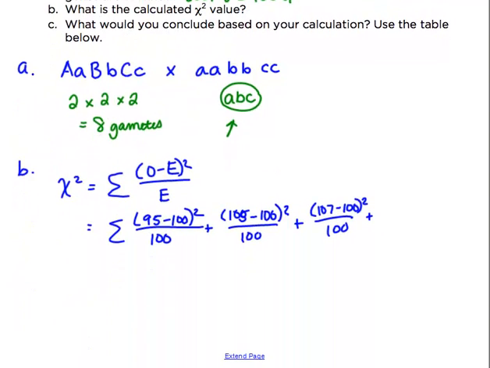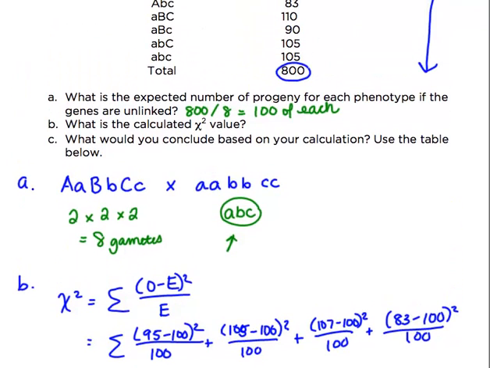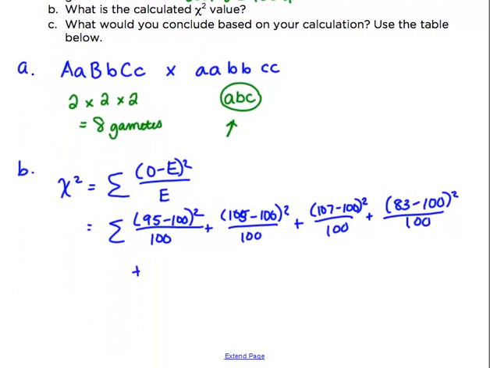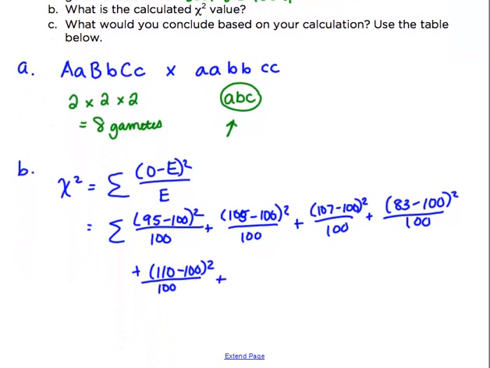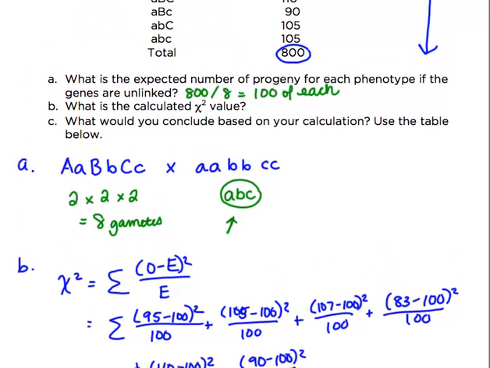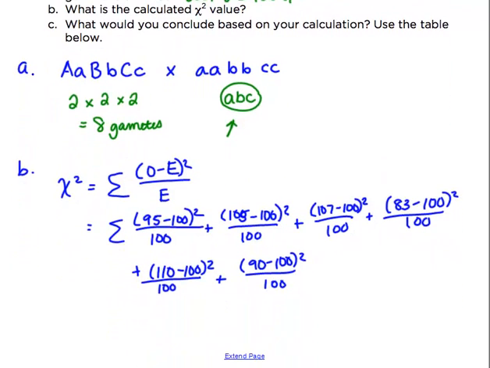Then we observed 83. Then 110. Then 90. And the last 2 are 105 each.